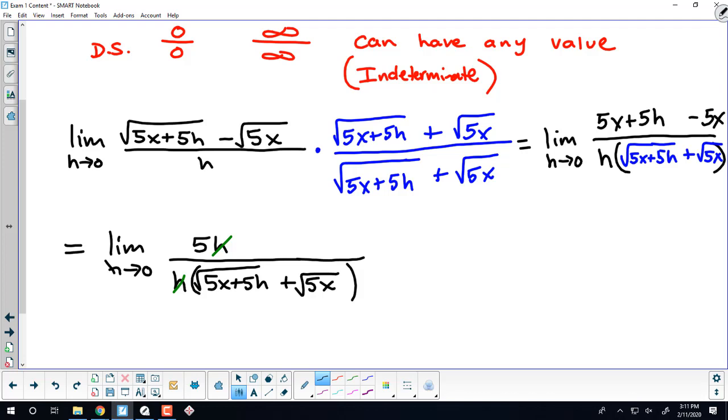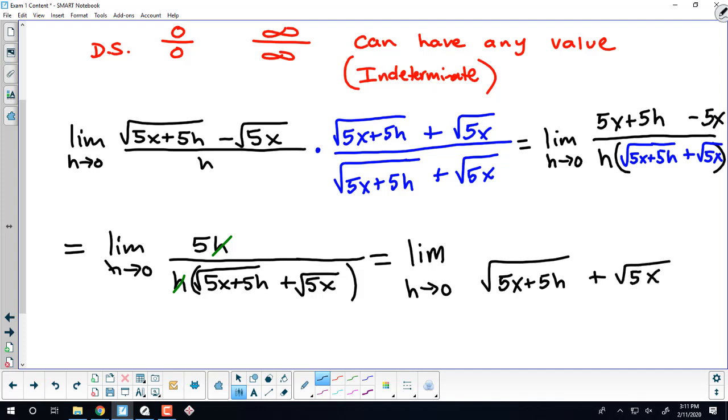Alright, so we're left with something we can compute. The limit as h approaches 0. We have 5 on top and all this on bottom. So we should be able to evaluate this now. The issue was here that we've divided out. So that issue is now gone. What is this limit?